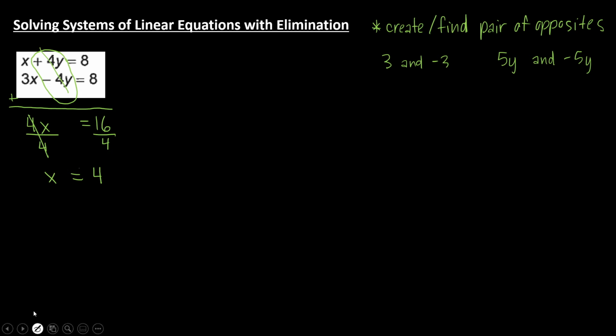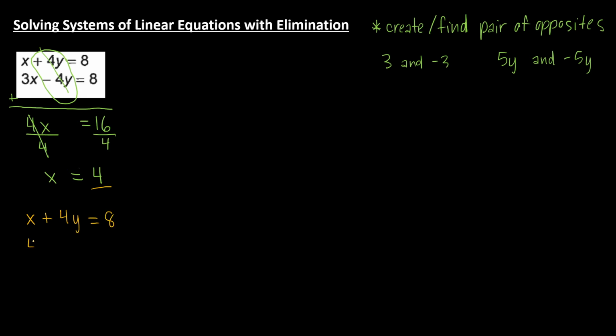This is where our problem becomes really similar to our substitution method. So using x equals 4, we're going to plug that into one of the two equations. I'm going to choose the top one just to make it easy. It's x plus 4y equals 8. And x is 4.